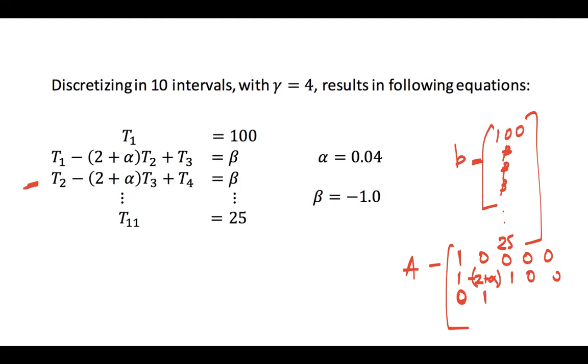Next is 1, then you have minus 2 plus alpha in the T3 position. T4 is 1, and the rest of the entries are 0. There are 11 variables. In the next equation also, the first will be 0, you will have 1 here, then minus 2 plus alpha, and 1 will come. The rest of them will be 0. So this is how your matrix will look.